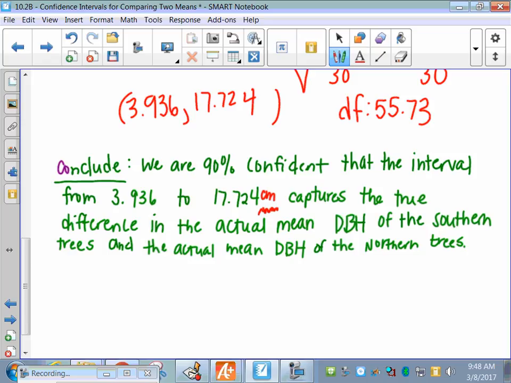So centimeters. That captures the true difference in the actual mean DBH, the diameter of the southern trees, and the actual mean DBH of the northern trees. So it's capturing the true difference between the southern trees and the northern trees diameter.